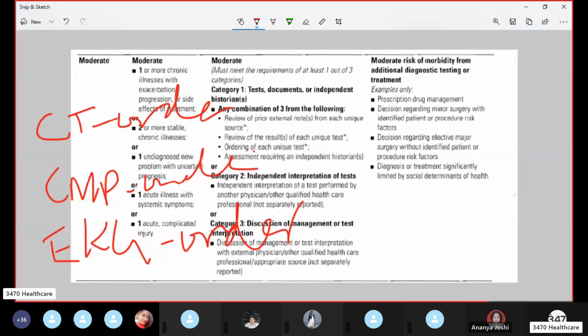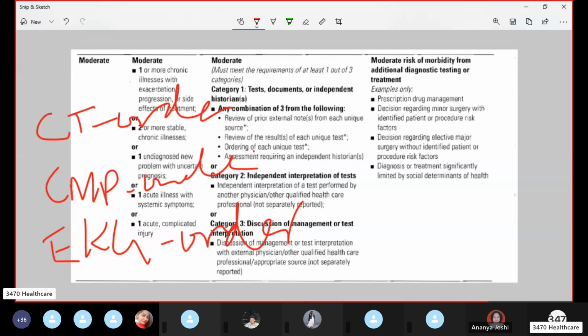Please tell the answer. It is warranting what? Any category. Very good. Category one warrants.